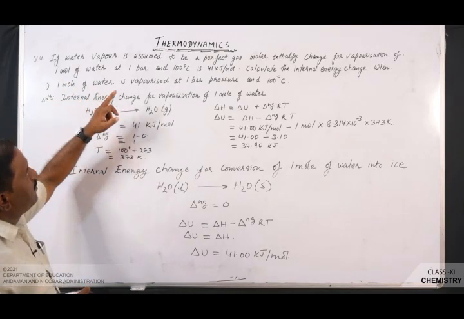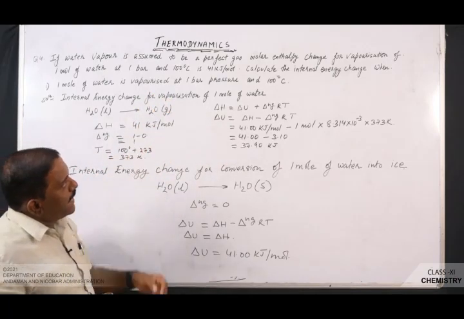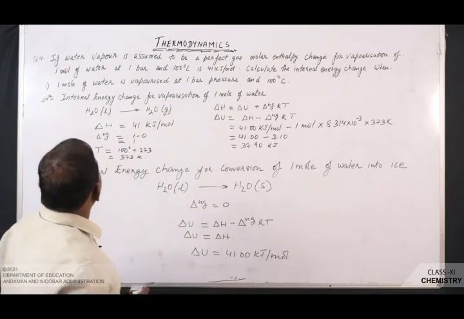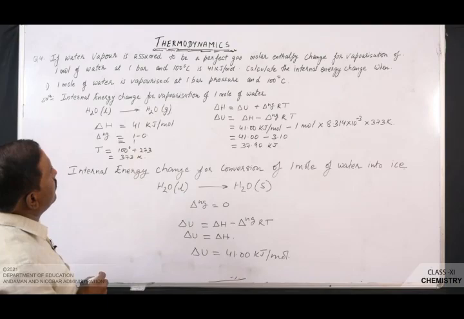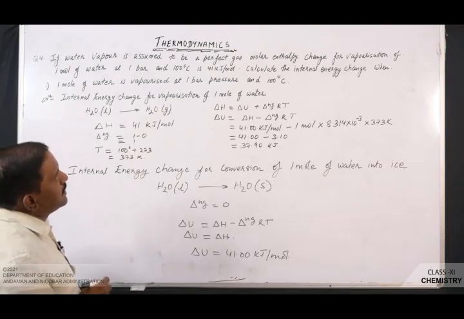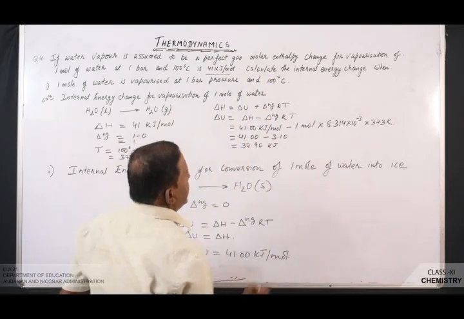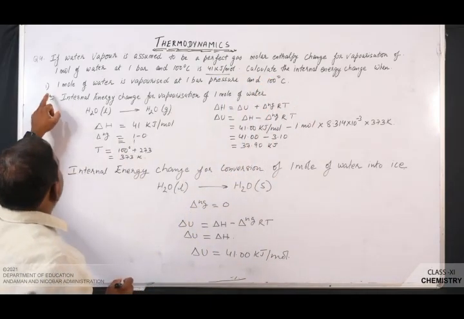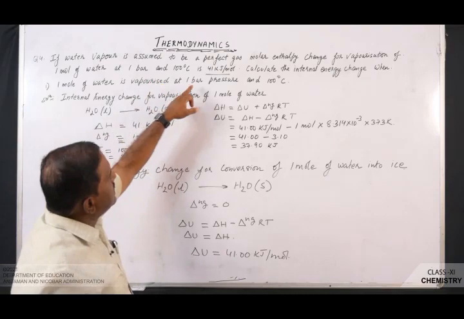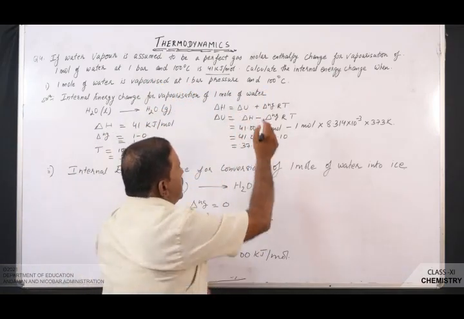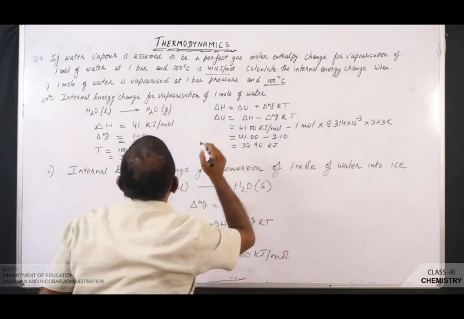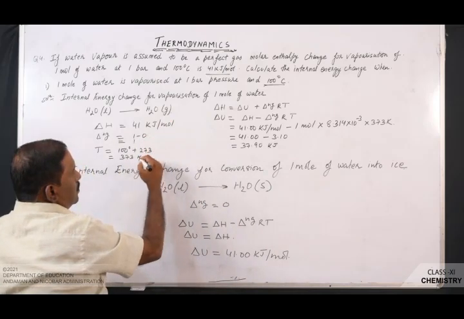If water vapor is assumed to be a perfect gas, the molar enthalpy change for vaporization of 1 mole of water at 1 bar and 100 degree centigrade is 41 kJ per mole. Calculate the internal energy change when 1 mole of water is vaporized at 1 bar pressure at 100 degree centigrade. So first we will change to Kelvin.